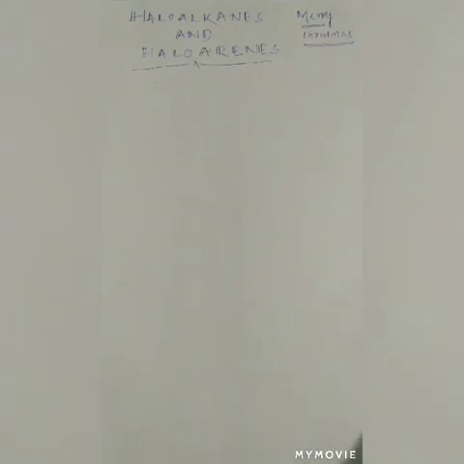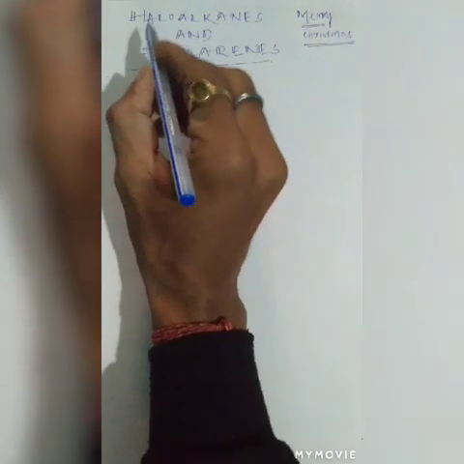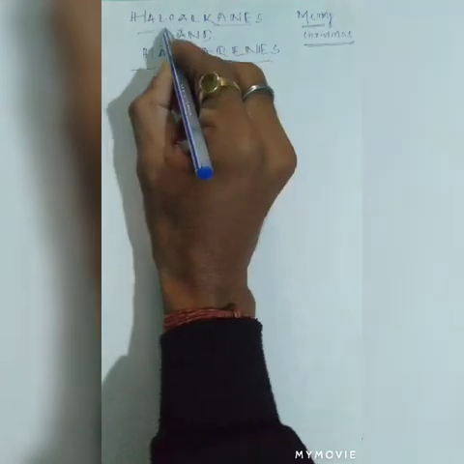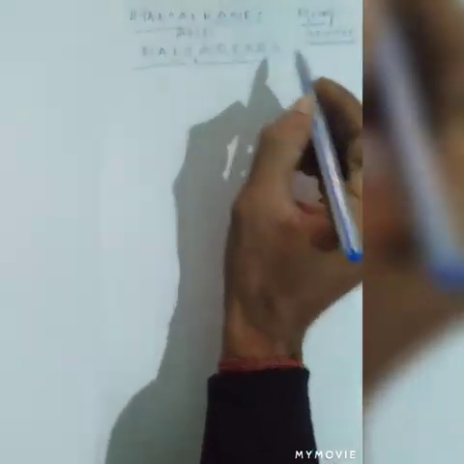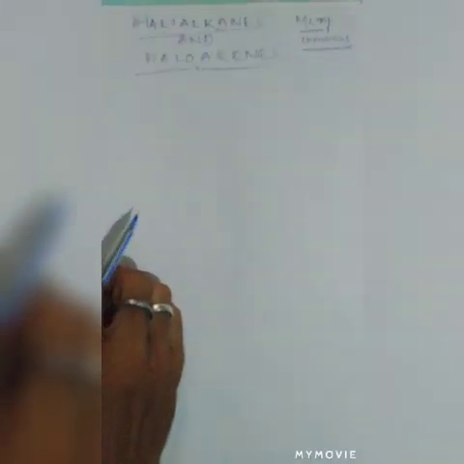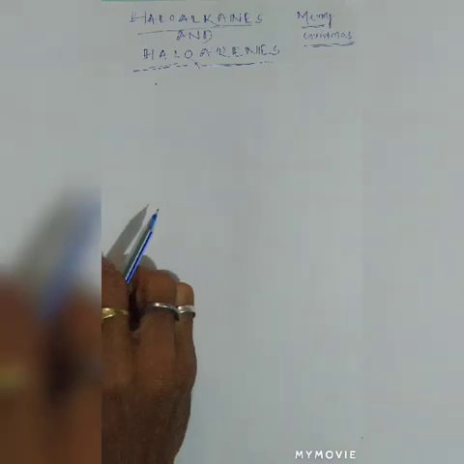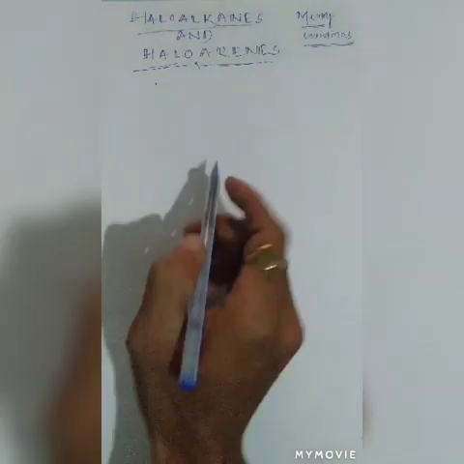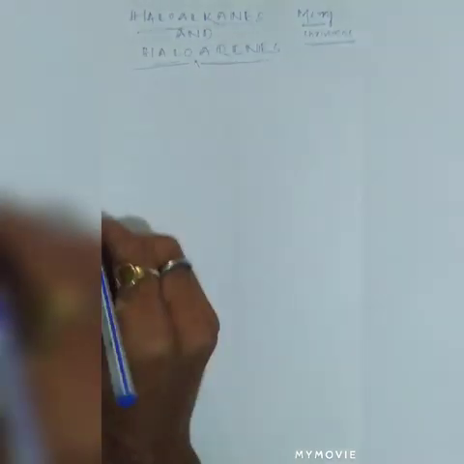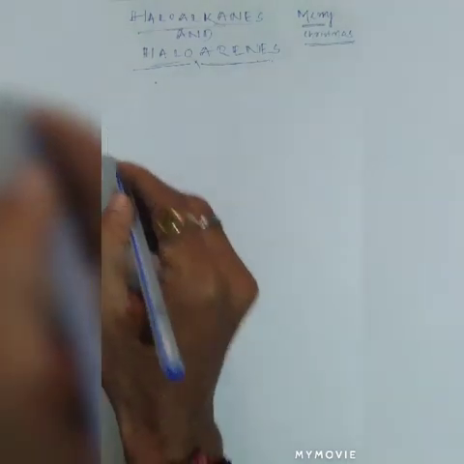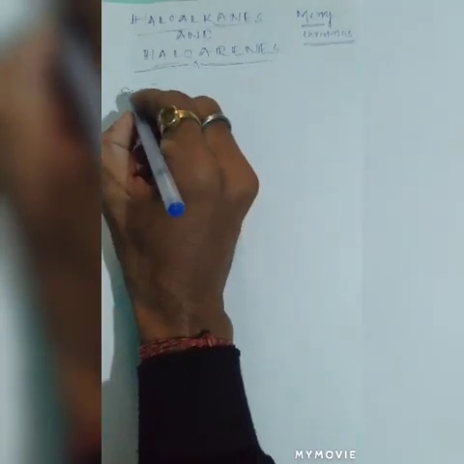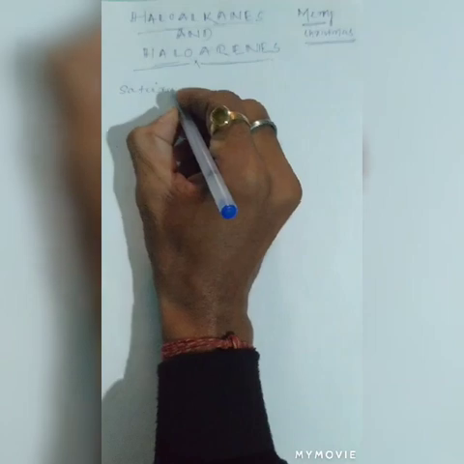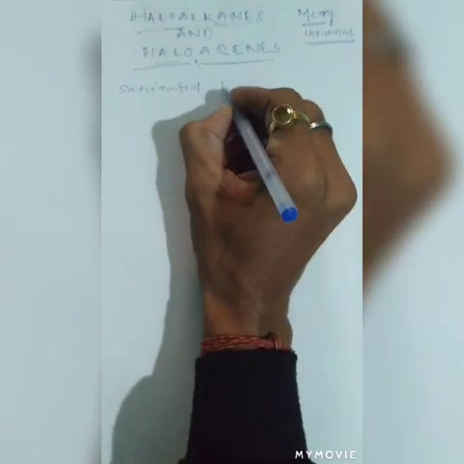Let's start the topic about haloalkanes and haloarenes. First we discuss what haloalkane is, how haloalkane is formed, and then how haloarene is formed. All of you know that there are saturated hydrocarbons and unsaturated hydrocarbons.